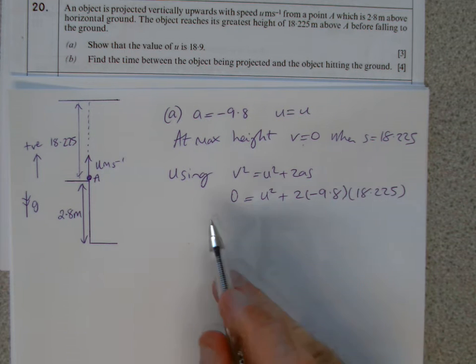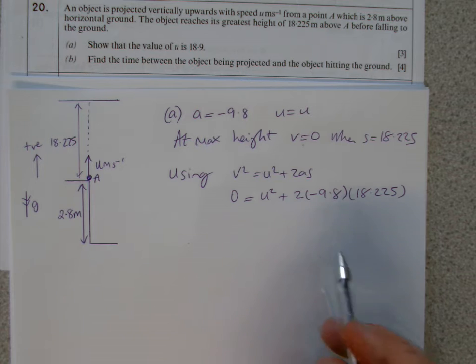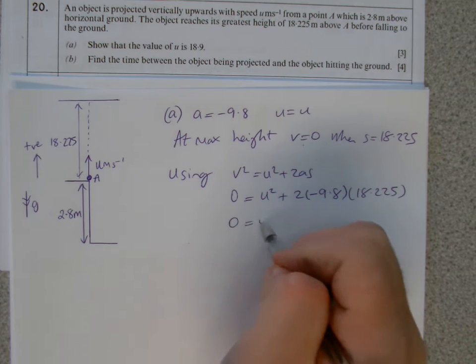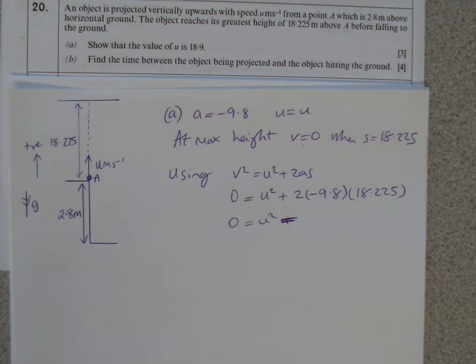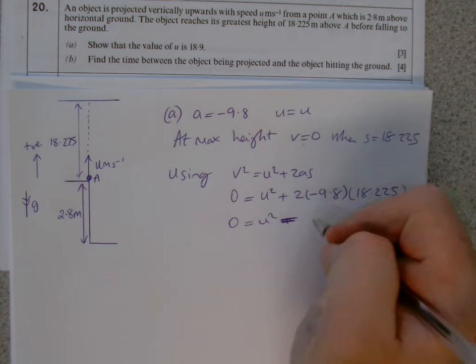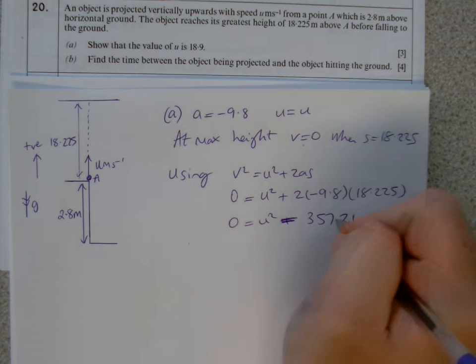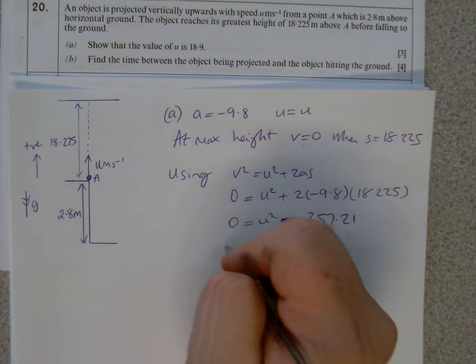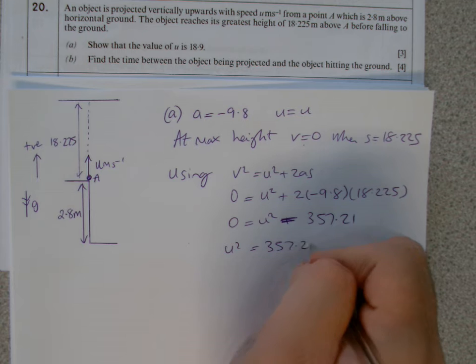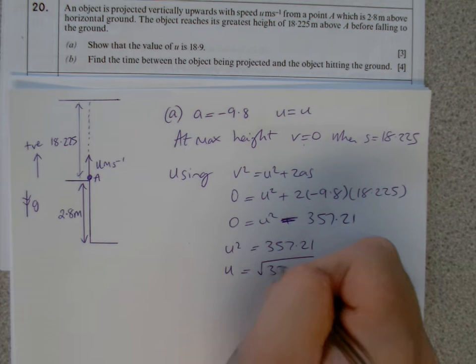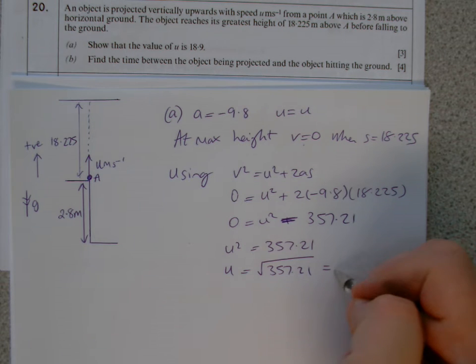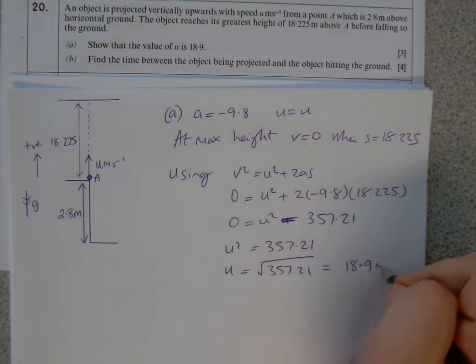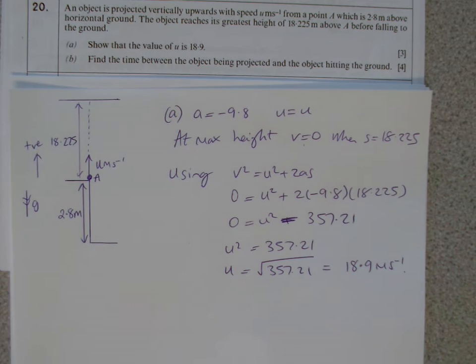Actually it'll be a minus, because you've got 2 times negative 9.8 times 18.225, and we get negative 357.21. Take it over, so u squared equals that, and then we square root this, and we get 18.9 meters per second. That's what u is.